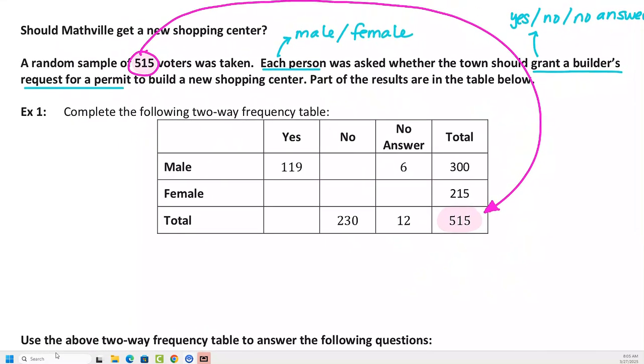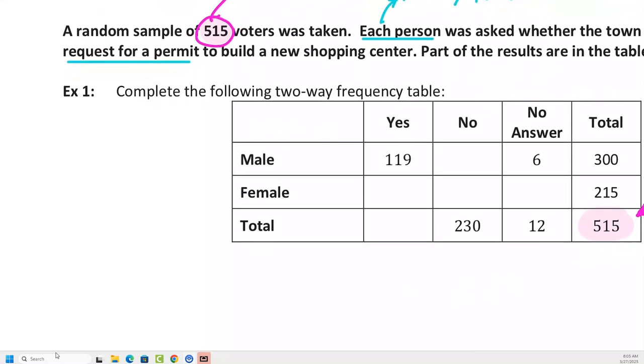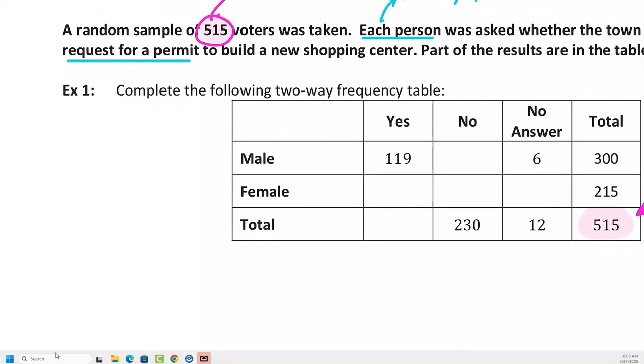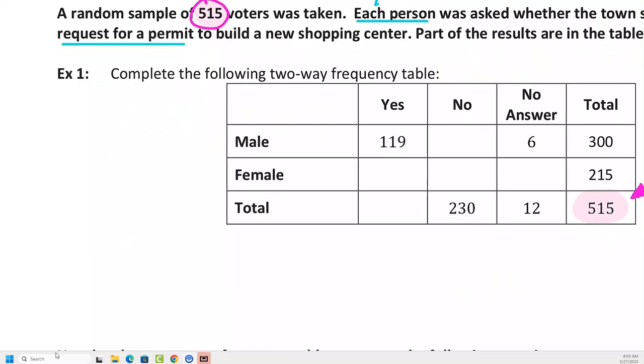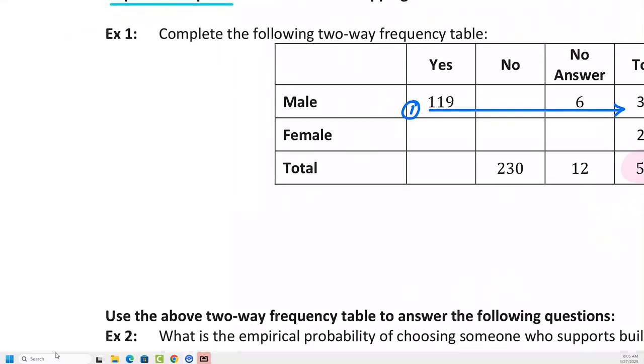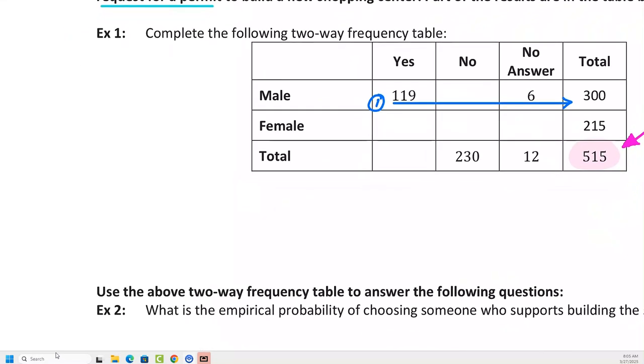We're going to use those facts. The first thing I'm going to do is figure out this row here, because I only have one missing box. I'll label this as 1, so you can find my work if you need it.